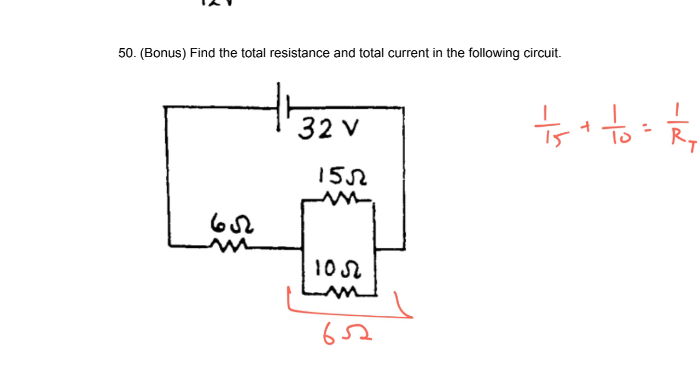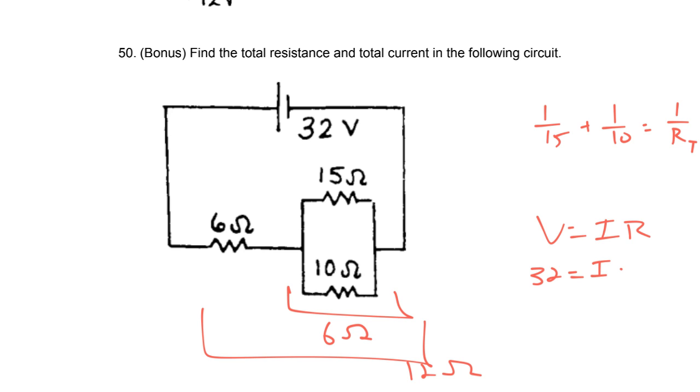Add it to the other 6 for a total of 12 ohms. And then V equals IR, 32 volts times 12 ohms of resistance. So 32 divided by 12 gives us a current of 2.67 amps.